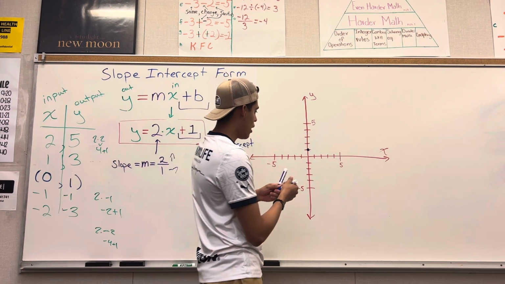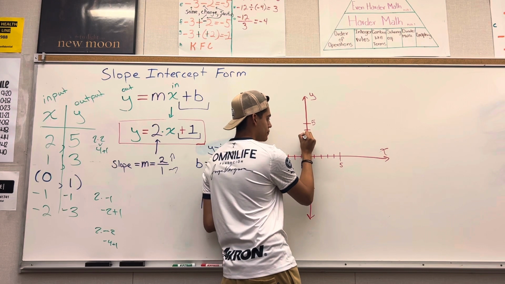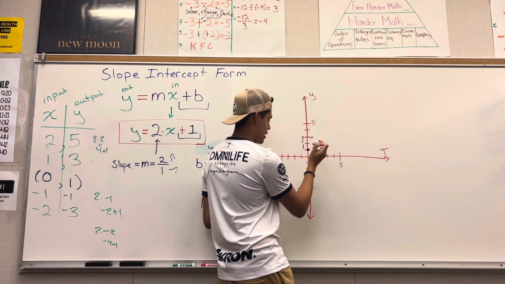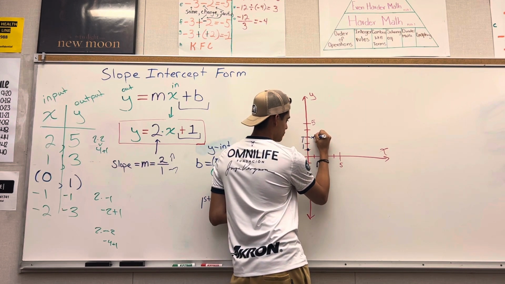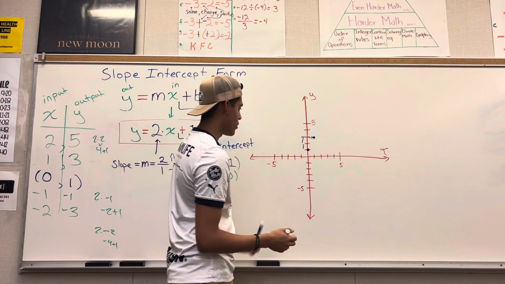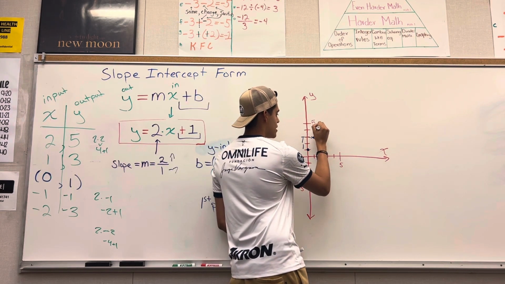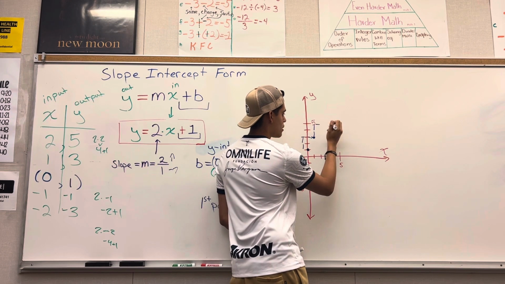So we go up 2 spaces, 1, 2 up, and then we go to the right 1 space. Boom, that's 1 space. And then we have a point right here. And then we do the same thing again. We go up 2 spaces, 1, 2, and we go over 1 space.